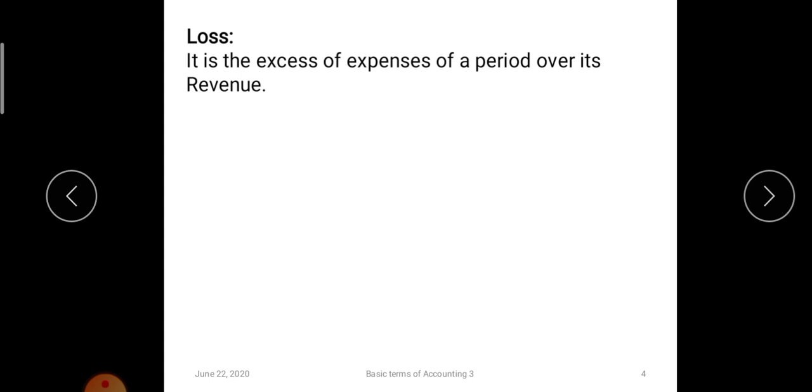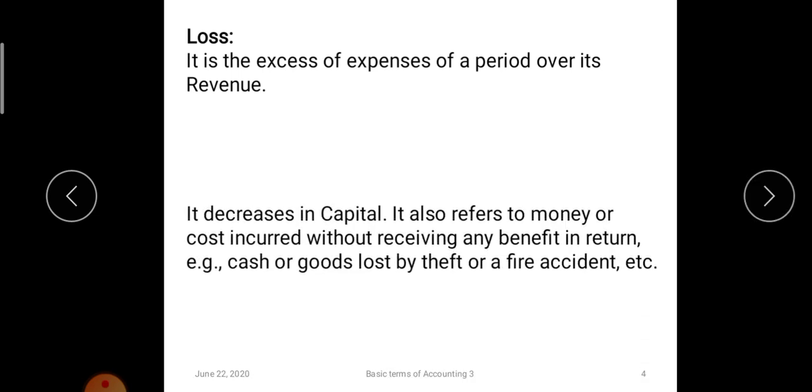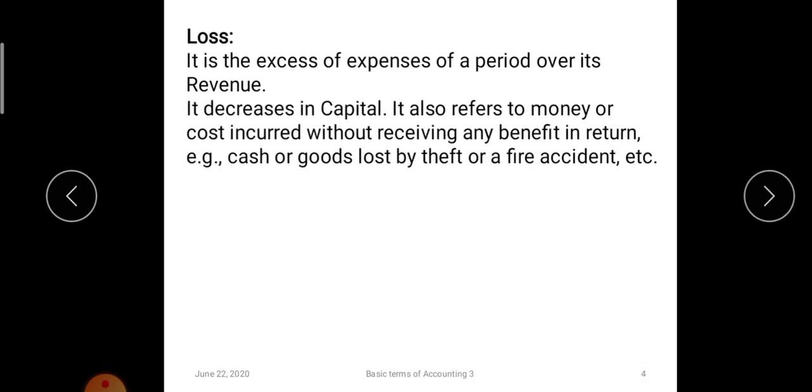If the goods are destroyed by fire, then also it will be considered as loss. It decreases the capital; profit increases the capital, losses decrease the capital. It also refers to the money or cost incurred without receiving any benefit in return, like goods lost by fire or theft, which will be treated as loss.